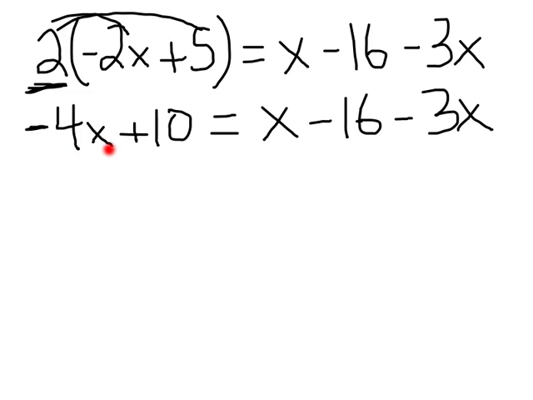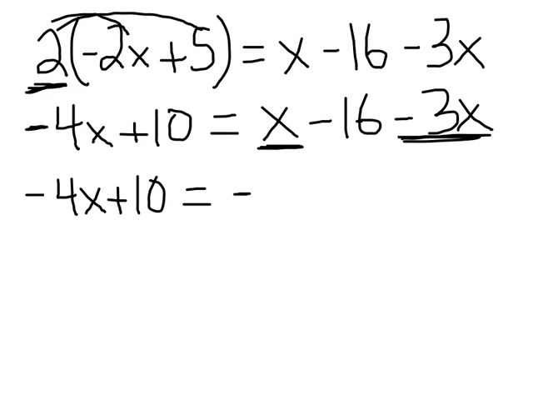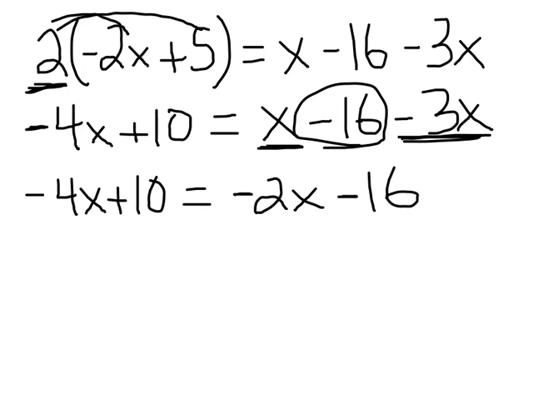I can't combine negative 4x and 10, but I can combine x and negative 3x over here. So I'm going to bring down my left side of my problem because I have not used it yet. But I'm going to combine x and negative 3x, and that's going to give me negative 2x. And I haven't used my negative 16, so bring that straight down.